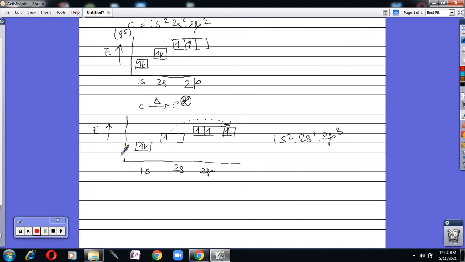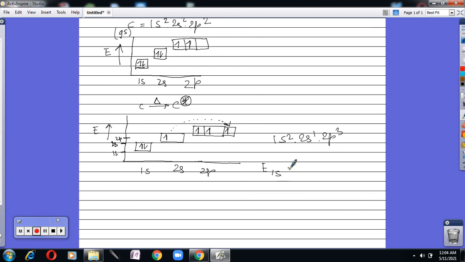Now here are a few things we need to know. Actually, this energy is the 1s energy, right? And this one is the 2s energy. And this one is the 2p energy, right? I can write here 1s, 2s and 2p. The energy difference between 1s and 2s is huge.